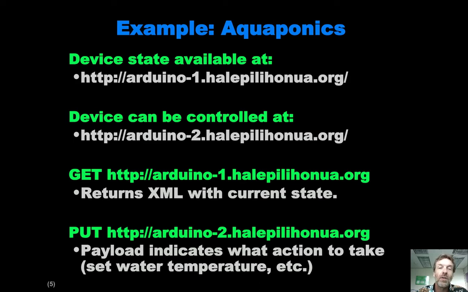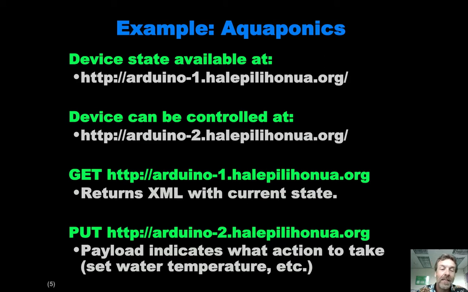One device that's going to return the state of the aquaponics system, the temperature, pH, and so forth, and another device that would control the system by allowing you to set the temperature or whatever. And it doesn't really matter if there's one device or two devices or three devices. We're arbitrarily making this assumption right now. It can easily be changed.